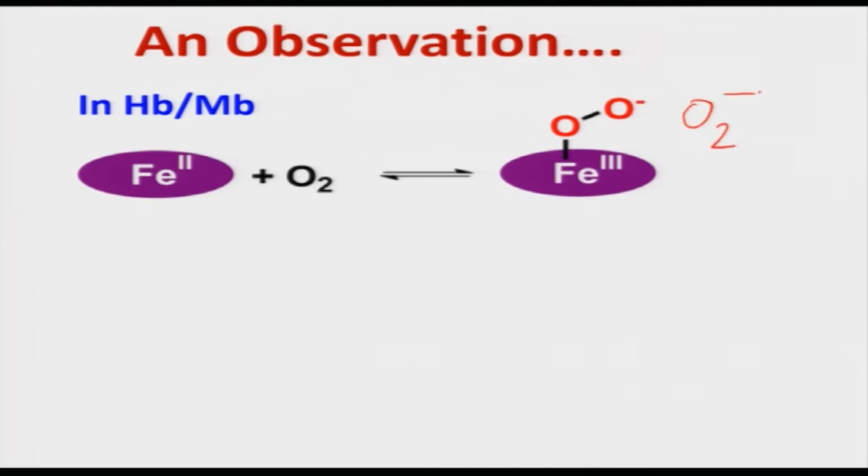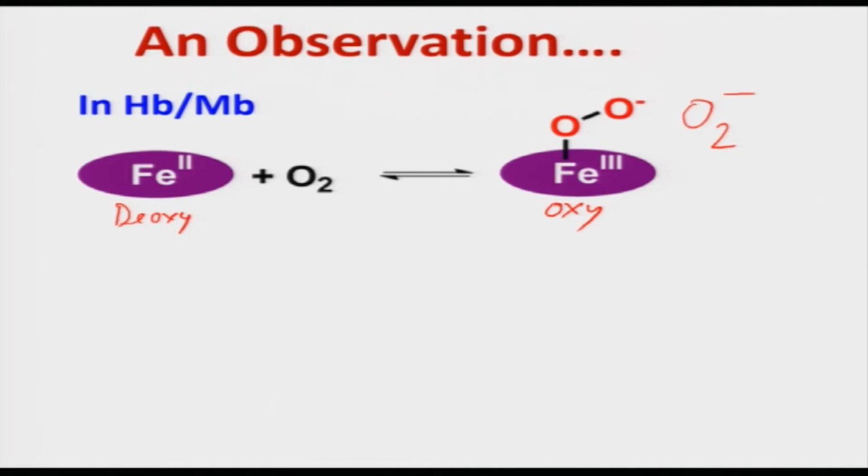And this molecule, the oxyhemoglobin and oxymyoglobin, releases oxygen and goes back to the deoxy form. So, this is the deoxy form and this is the oxy form. So, deoxy and oxy is completely reversible in our body.